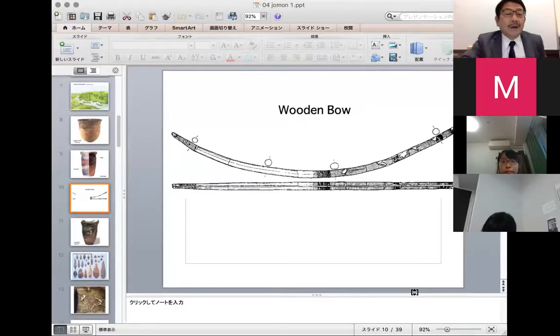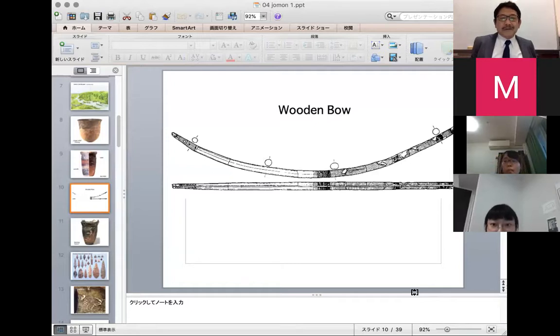See, and the bow and arrow system is quite different from the spear hunting device. And I think I told you about that at the museum at the very beginning. But you see, spear throwing is not very accurate compared to bow and arrow.